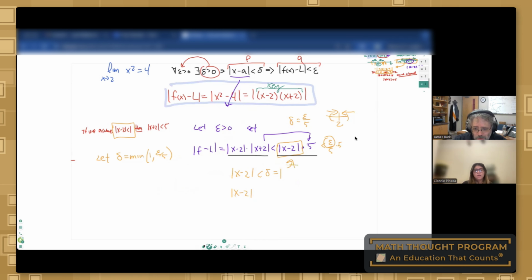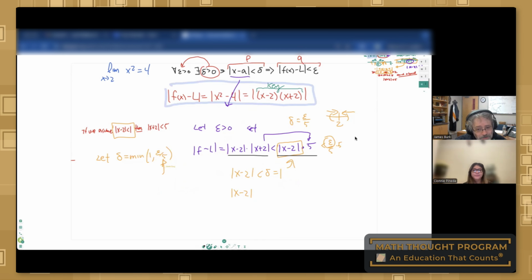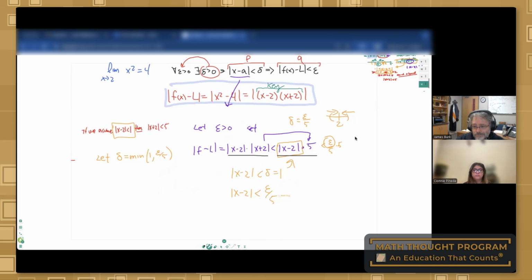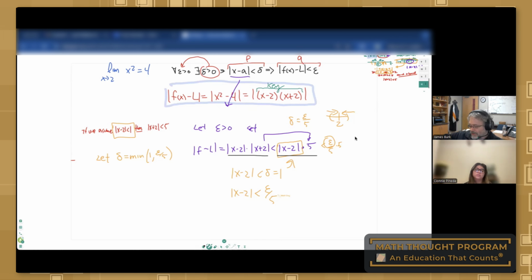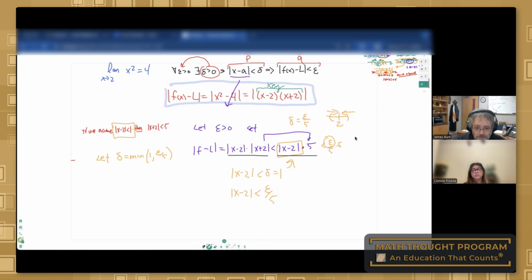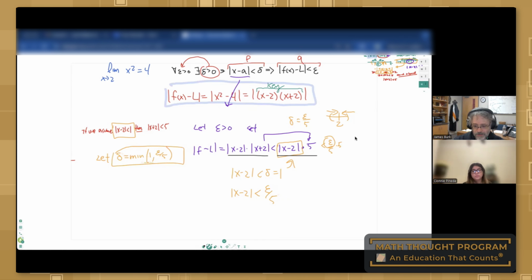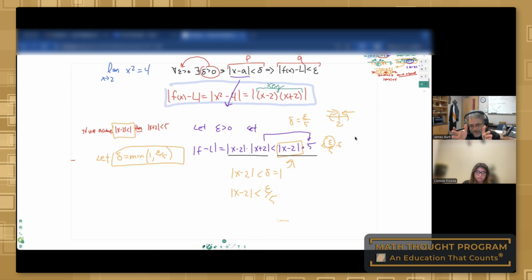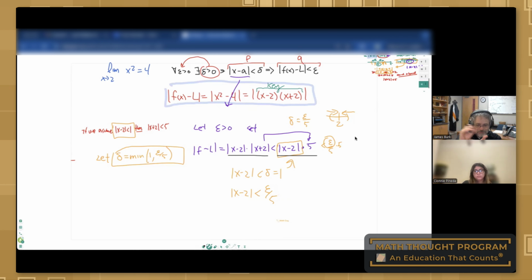But if I make the choice where I make delta equal to epsilon over 5, and if this is the absolute minimum, I know that I will have this right there. So it's kind of like case 1, case 2: minimum if it's 1, minimum if it's epsilon over 5. And what you want to do is pick the smallest of the two cases, because I need that distance to get shorter and narrower and closer.